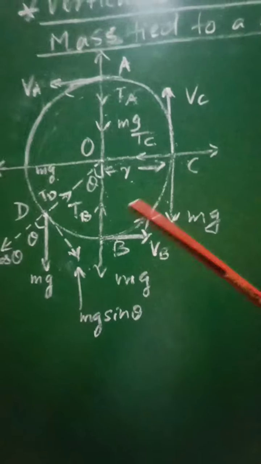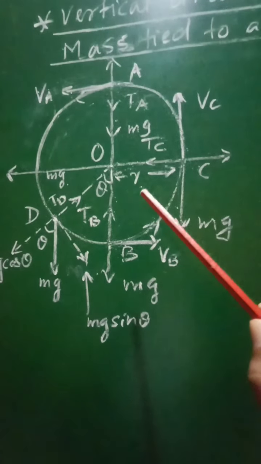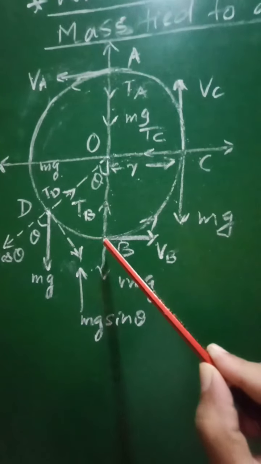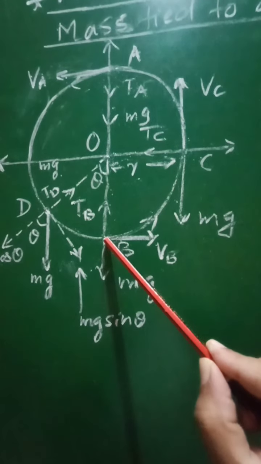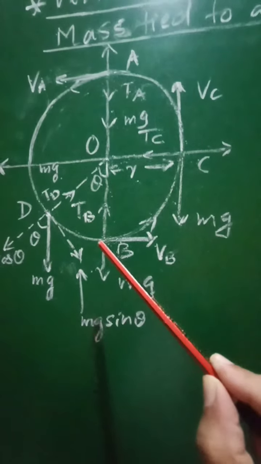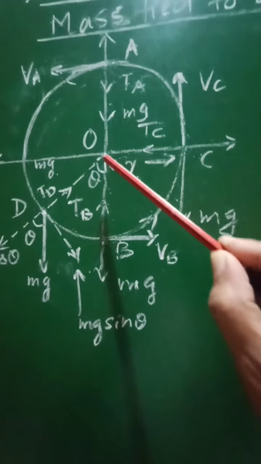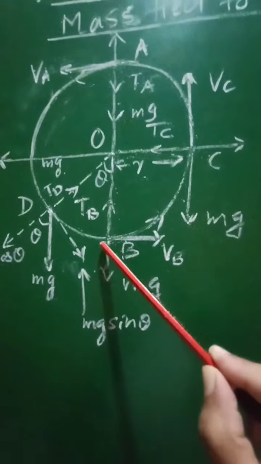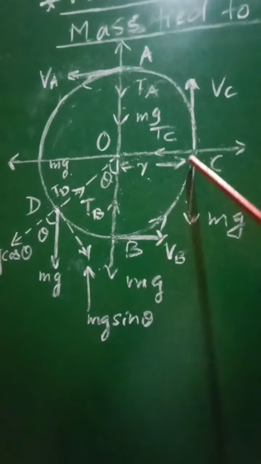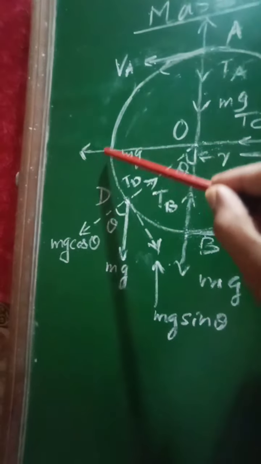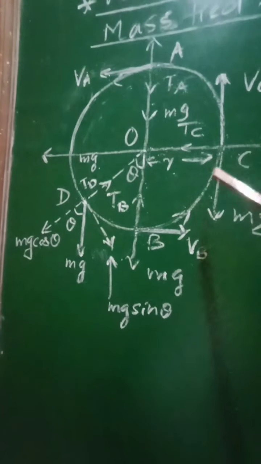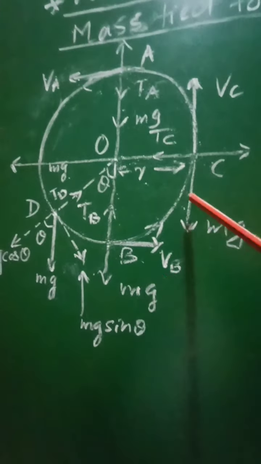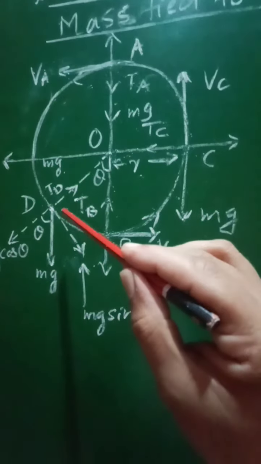And therefore, by the string of length equal to r, if that bob of mass m is tied, then when it is at position B, it will be the equilibrium position of that string. Now it will be revolved in the vertical circle along the circumference of this circle, having different positions like B, C, A as well as D.